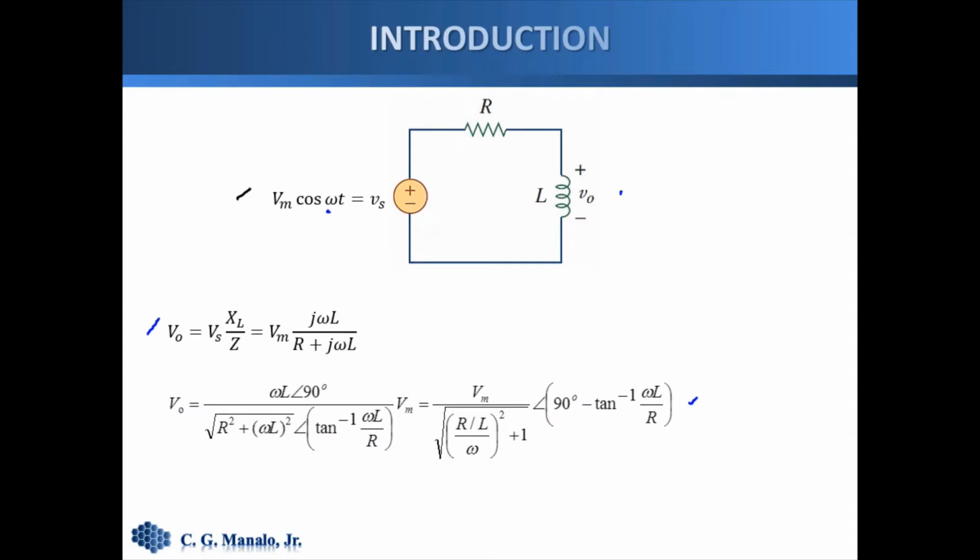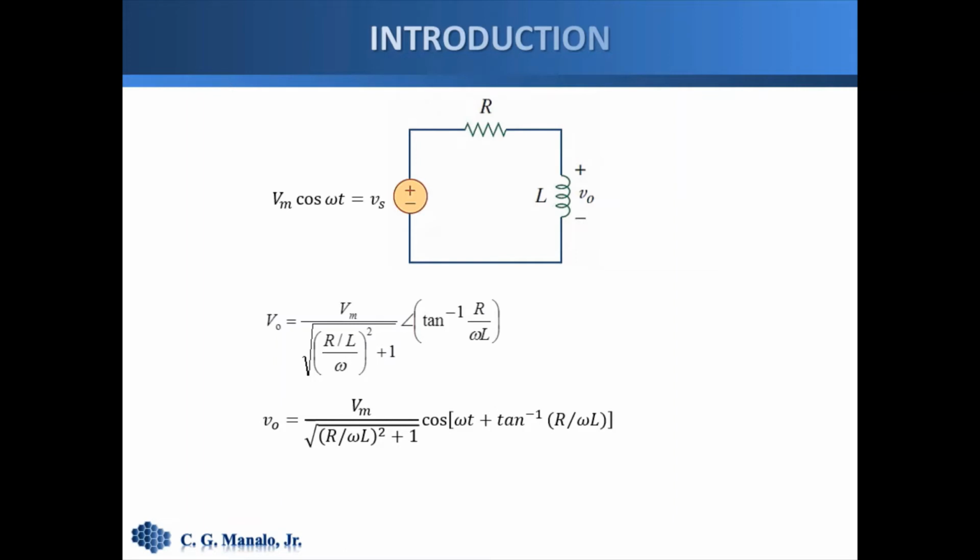So this one is the magnitude of V naught, while this is the phase of V naught. Then, having obtained the phasor value of V naught, we can solve for the time domain voltage across the inductor, and that should give us this one.